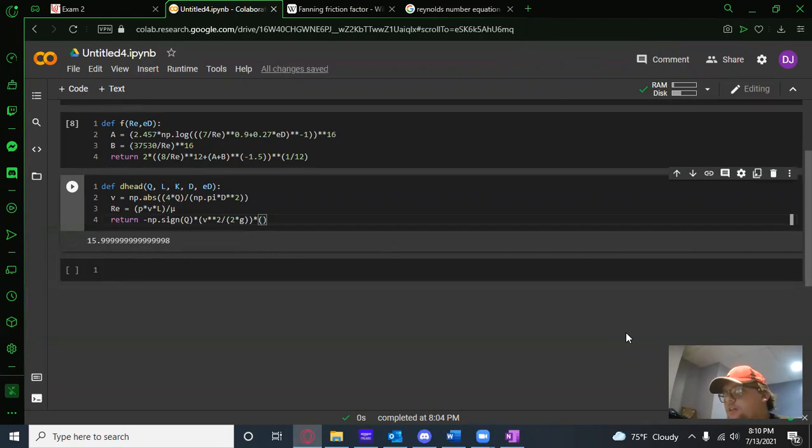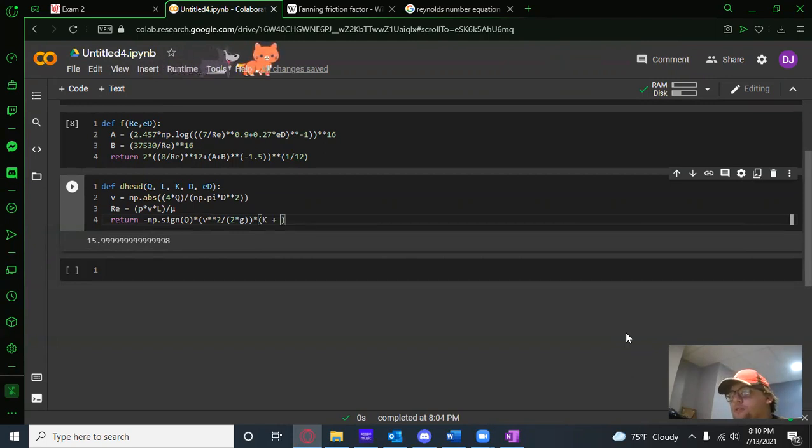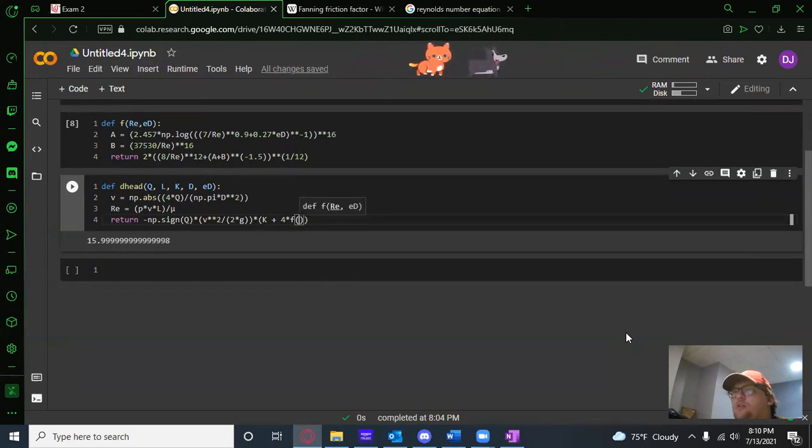So what happens here is we got our velocity squared over 2g. Now the inside of the parentheses is just the k values plus 4 times the friction factor, let's do the Reynolds number times the roughness.